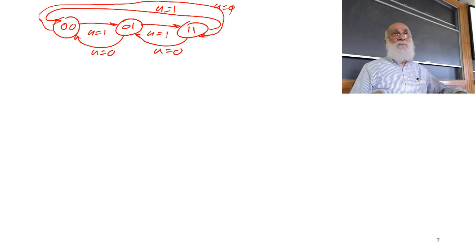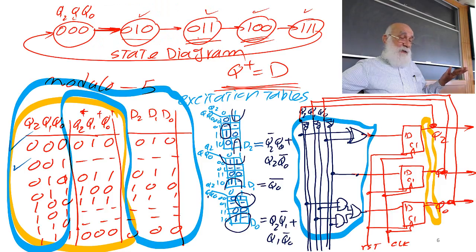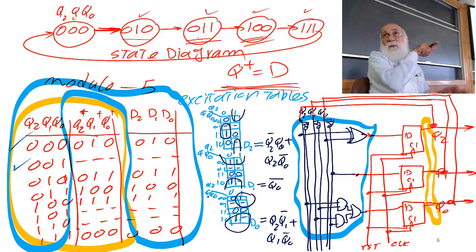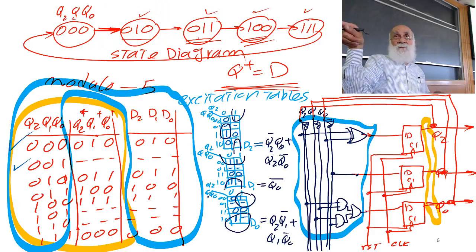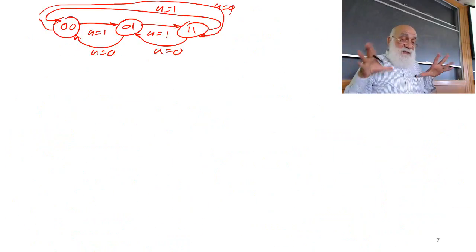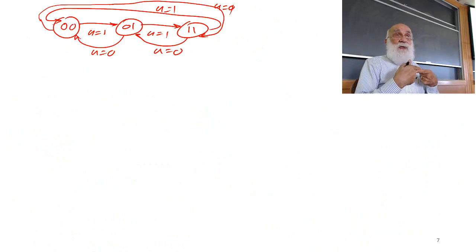So that's the same kind of state diagram, but see here I didn't have any control. Everything was in one direction. Now this state diagram looks a little more exciting, because each state has 2 directions.